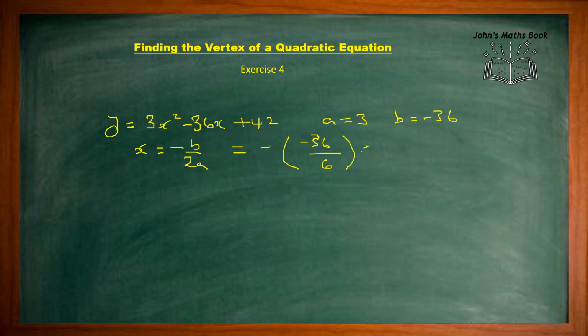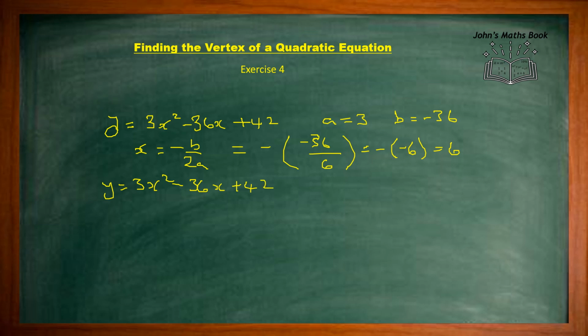So that's minus minus 6 is equal to 6. So the x coordinate is 6. Now solve the quadratic by substituting the value of x. So the quadratic is y is equal to 3x squared minus 36x plus 42.